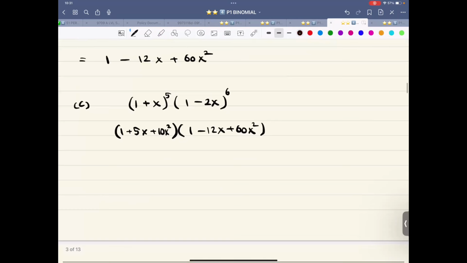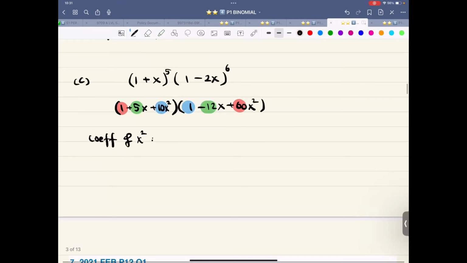Multiply selectively. We are interested in coefficient of x squared. So therefore, multiply this 1 with this 60. That is this first thing. Second thing, multiply this 10 with this one. Again, x squared into constant. Last, multiply the x and the x term together.